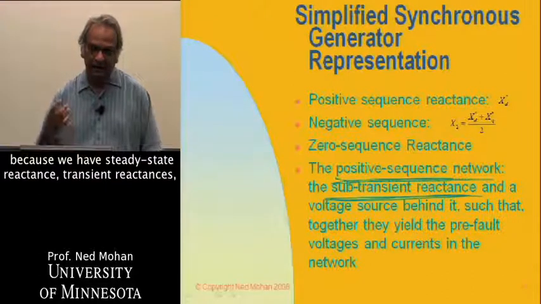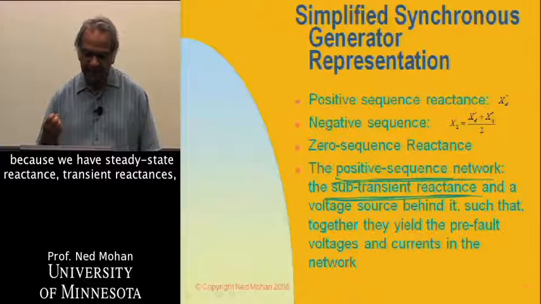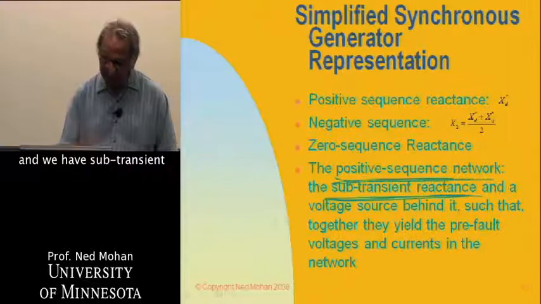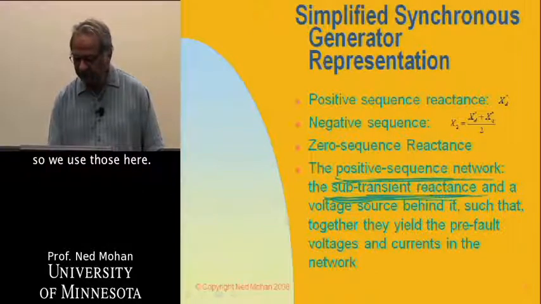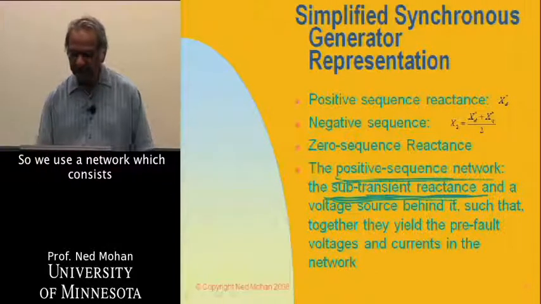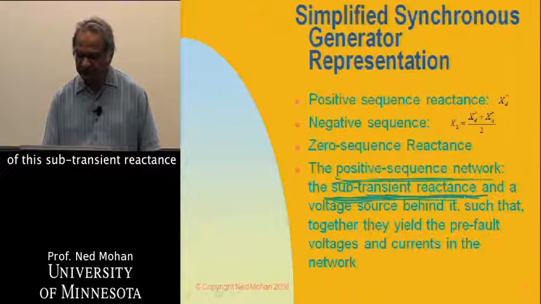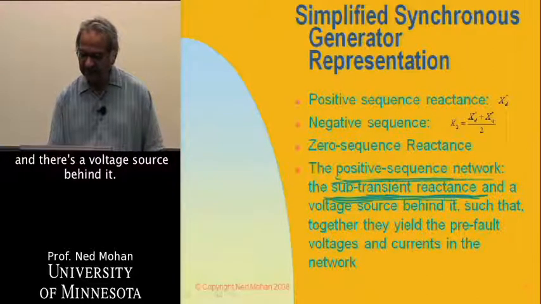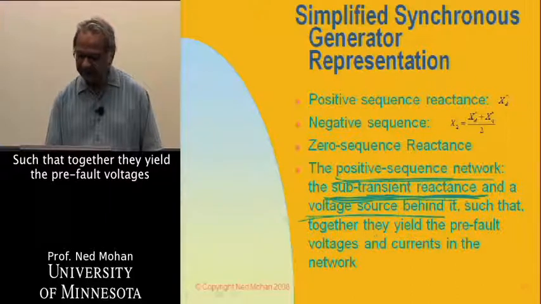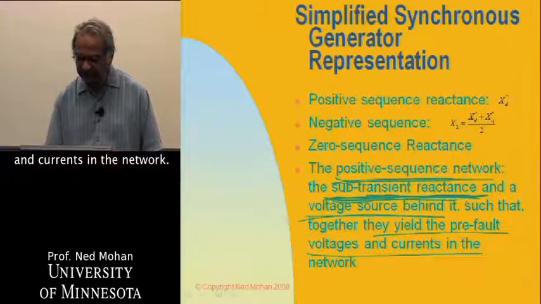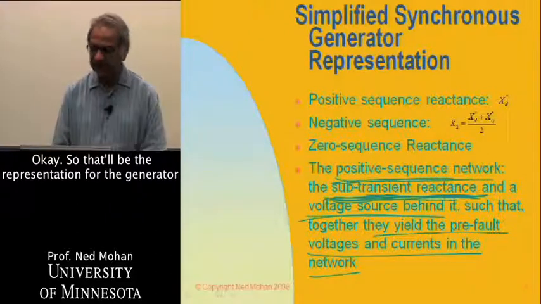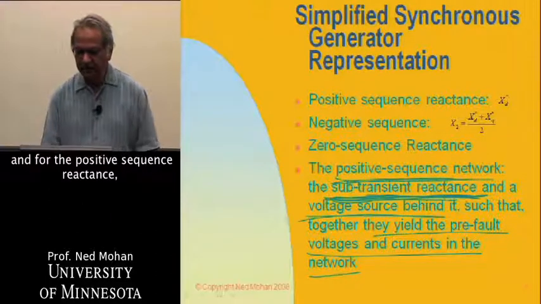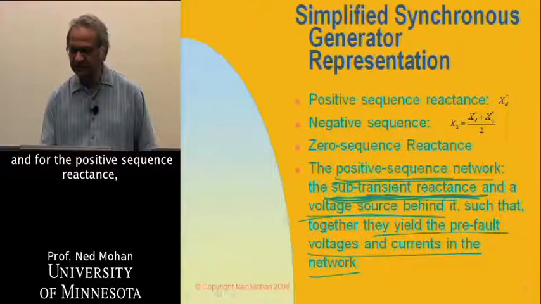We have steady state reactance, we have transient reactance, and we have subtransient, where the damper winding currents also play a role. So we use those here. We use a network which consists of this subtransient reactance, and there's a voltage source behind it, such that together they yield the pre-fault voltages and currents in the network. So that will be the representation for the generator.